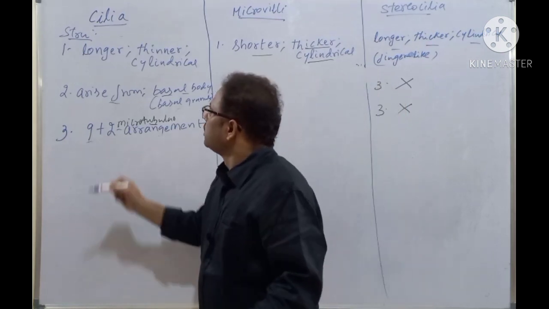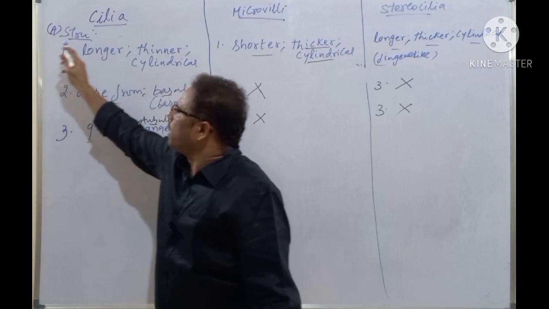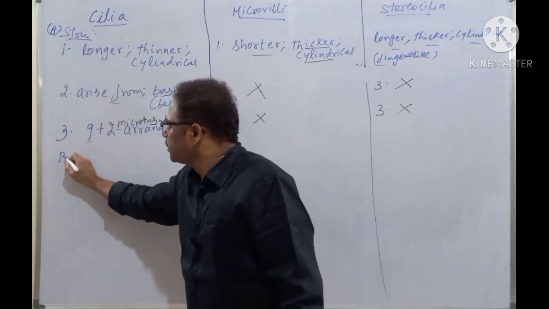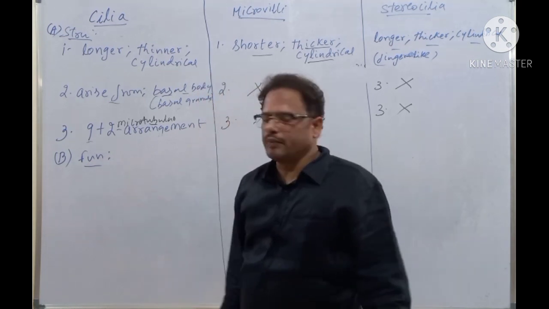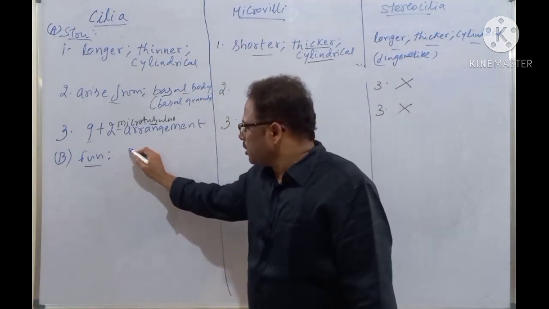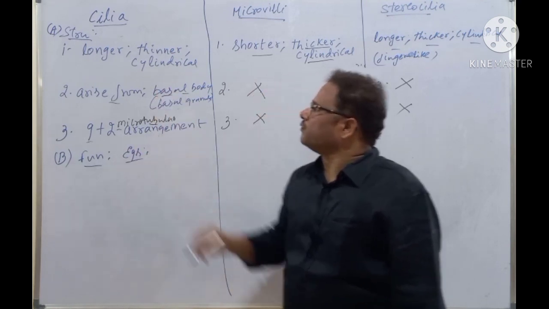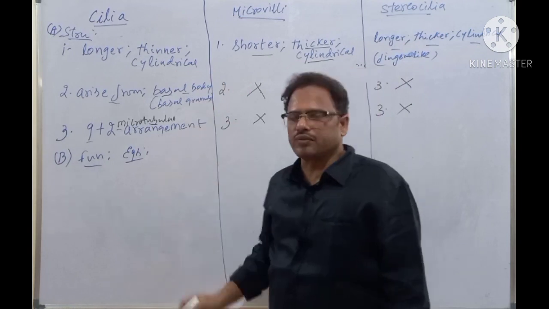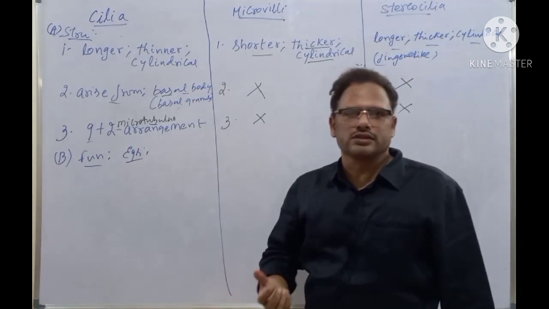So till now, just note it down as A, structure. Now B means function, the functional aspects we'll be discussing. When we discuss the functional aspects, we should discuss them with examples. Now what are the examples? That is the location of cilia present in the human body, because cilia means not only in the ciliates.